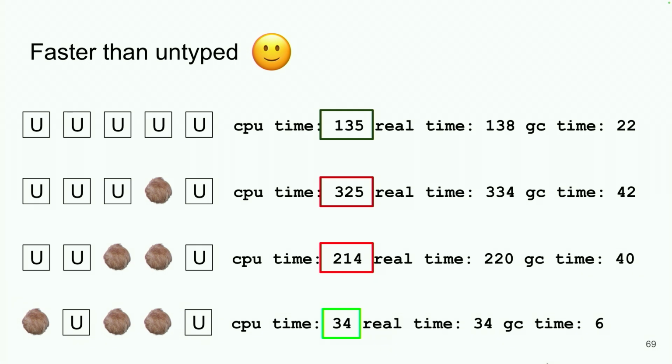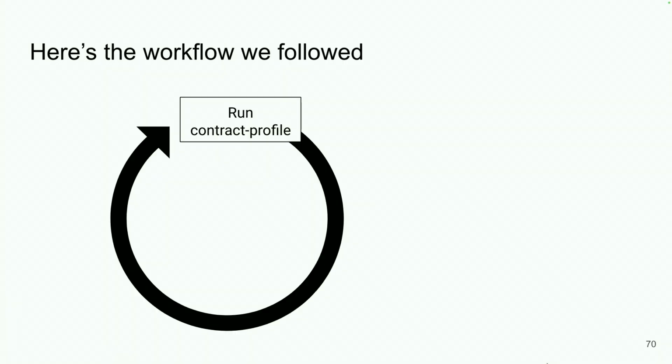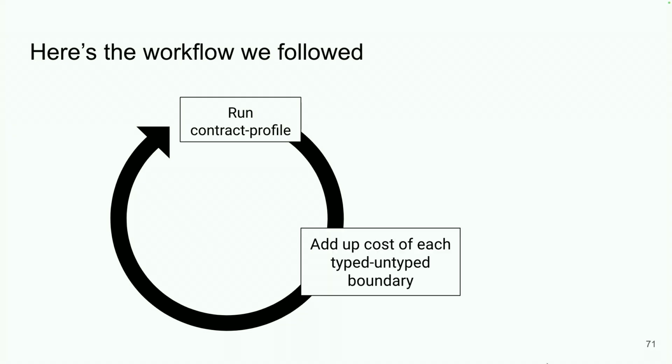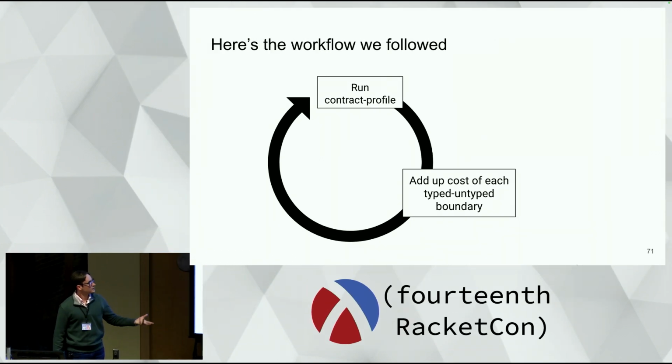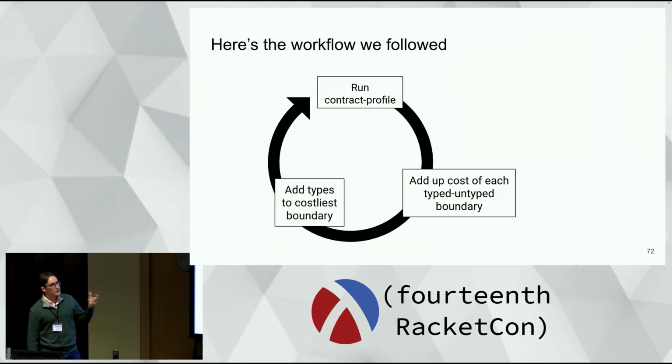And notice that we didn't have to type every single module in our program. We only had to type 3 of them. And so this workflow that we followed is we ran contract profile, and to make it more general, what we did was we added up the cost of each boundary, and we added types to the boundary that was most expensive.